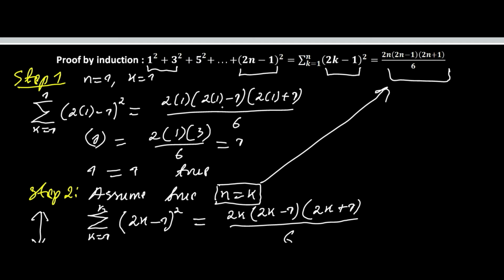So if we assume that we're adding up to the term n equal to k plus 1, therefore we're going to have another term here, which is the term plus (2 into (k plus 1) minus 1) all squared. So this is a very, very important step in our proof. So let's look at that in practice.